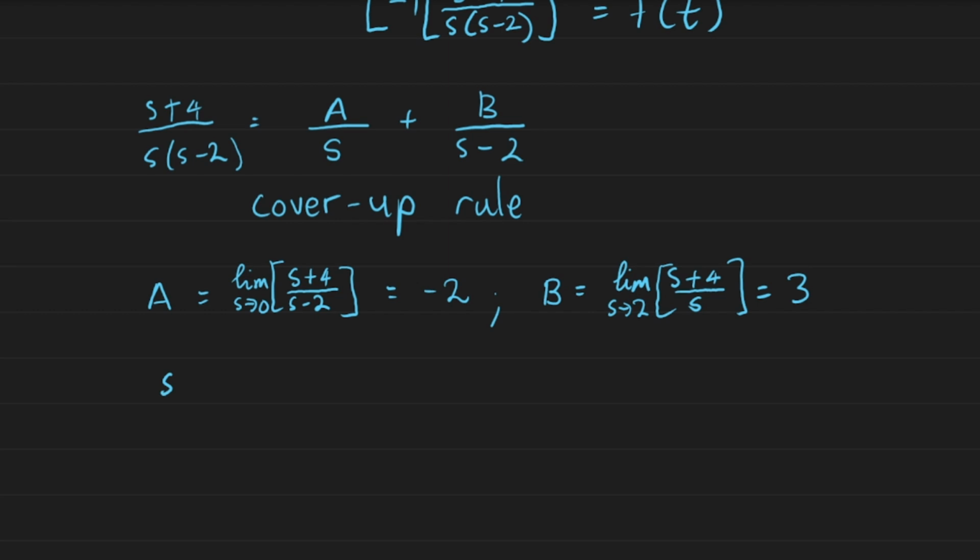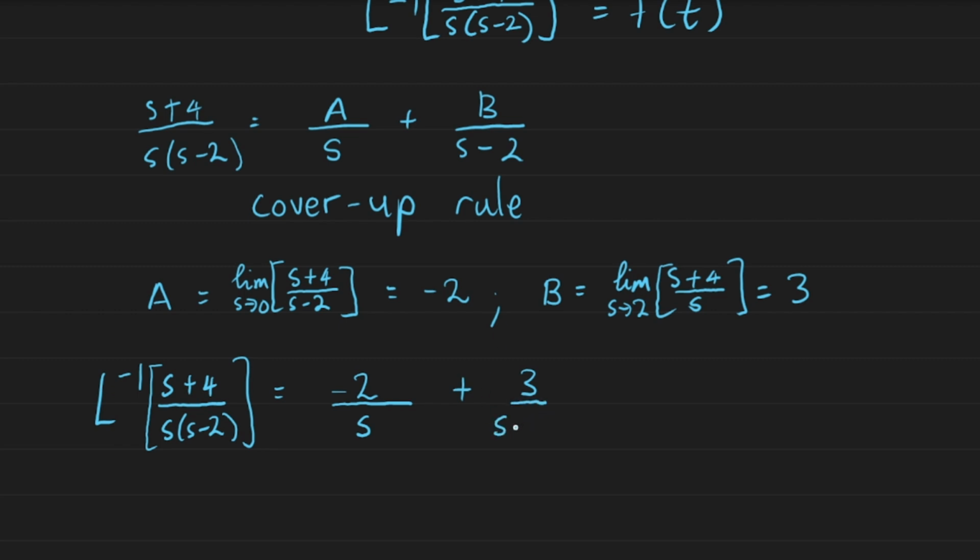So our expression, (s plus 4) over s into (s minus 2), we're taking the inverse Laplace transform of this, and this is equal to minus 2 over s, because that's what A is equal to. And then we have B, which is 3. So we have 3 over (s minus 2).